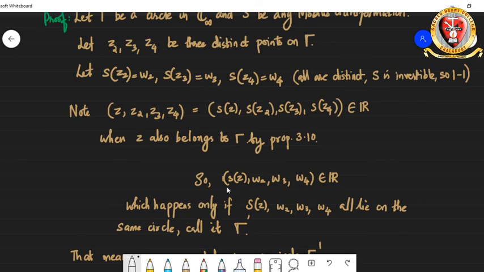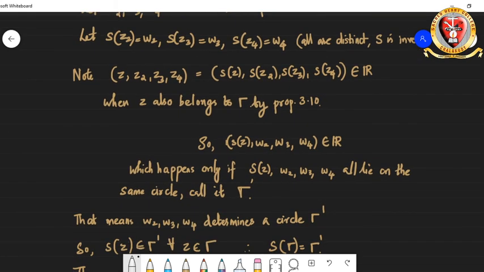So definitely S of z, w2, w3, w4 all come from some circle, and let us call that circle gamma dash. It is not the same circle, just some circle, gamma dash.